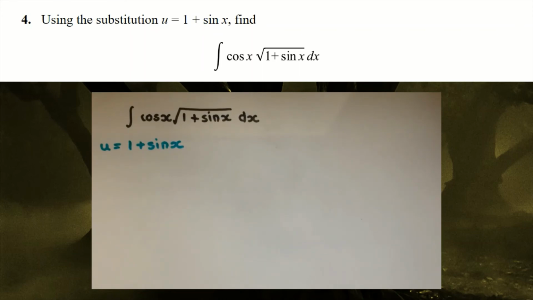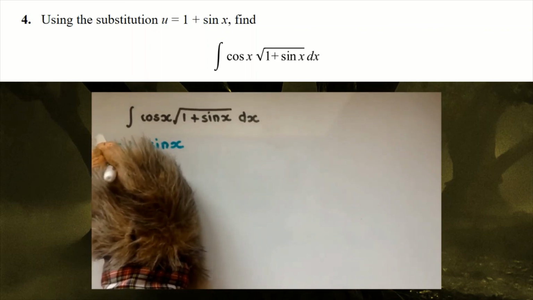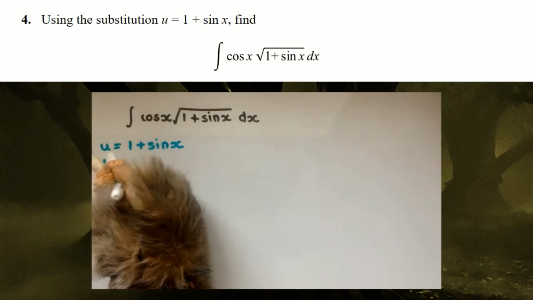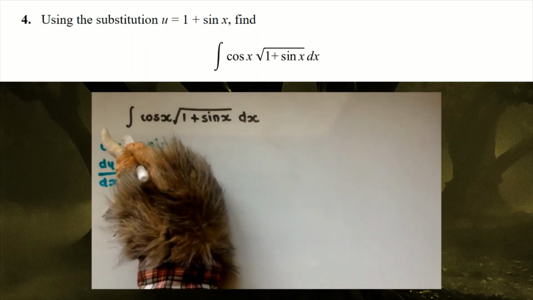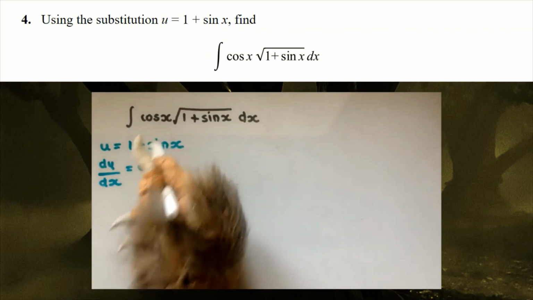First step is, of course, to differentiate your substitution with respect to x. So we're going to get du by dx, and the derivative of 1 is 0, and then sine x differentiates to cos x, as we all know by now.